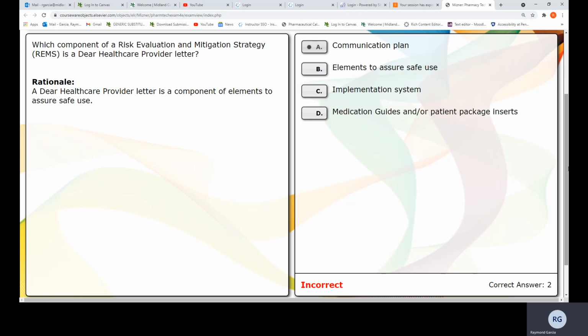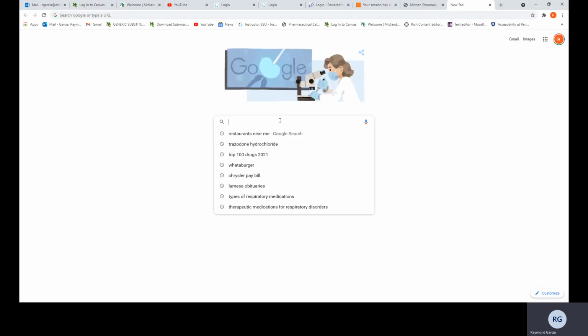Dear Health Provider letter is a component of elements to assure safe use. That, I don't know, see Dear Healthcare Provider. See what that is.